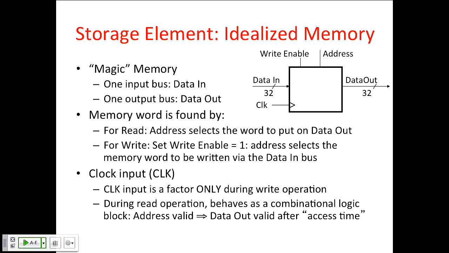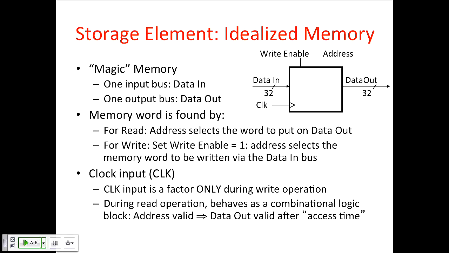Okay. Now for reads, we're going to treat reads for this magic memory as being combinational. Right. So that means that at any point in time, whatever address is coming in, if the write enable is set to not write but read, so if this is set to 0, and you put an address in, sometime later the data output is going to correspond to the value stored at that address in the memory, right?